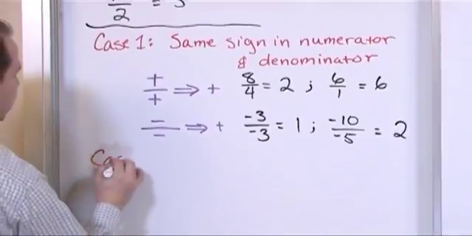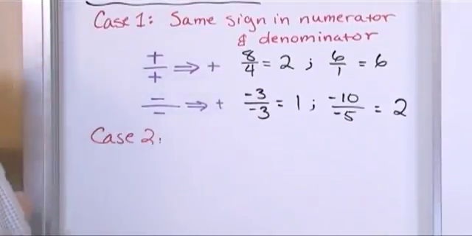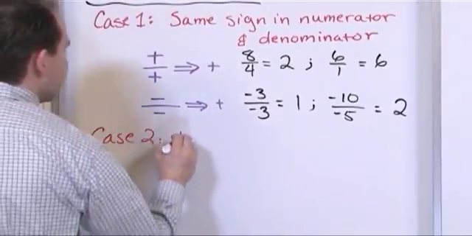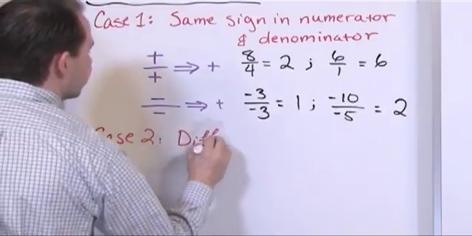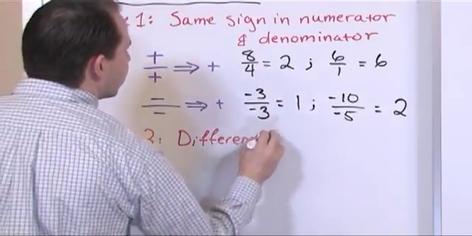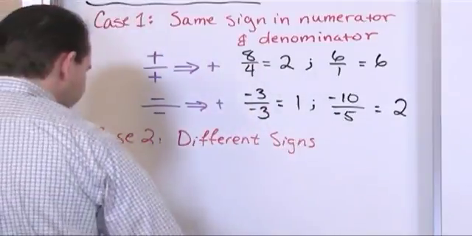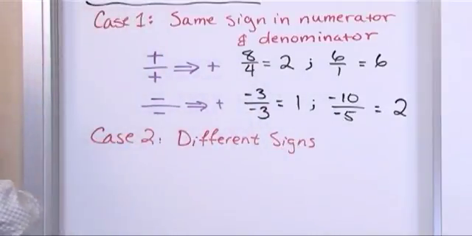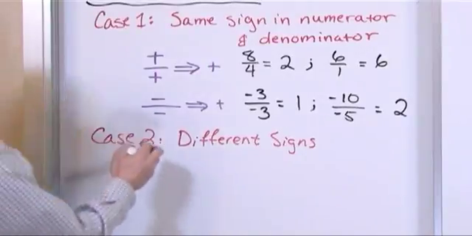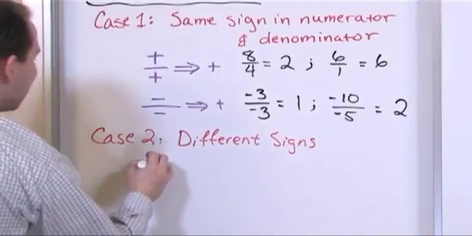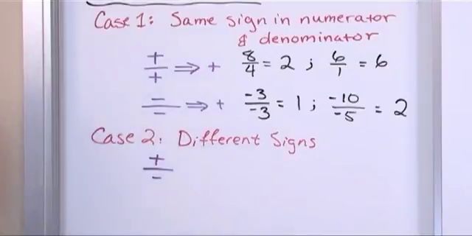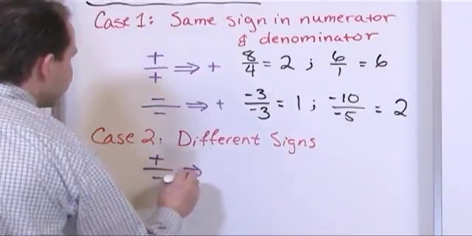So case 2 is the only other case there is: if you have different signs. Different signs. What do you do in those cases? Well, I think you can probably guess what's going to happen. So what we're going to have here, as you might guess, is if we had a positive number divided by a negative number, the signs are different there, and it's going to follow the same rules of multiplication.